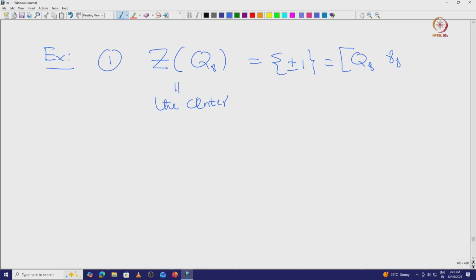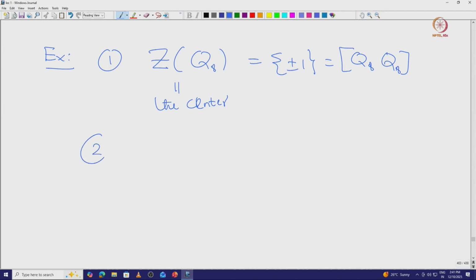If we take the commutator subgroup of Q8, that is also plus or minus 1, and in particular the quotient is going to give us all possible degree 1 representations of Q8.